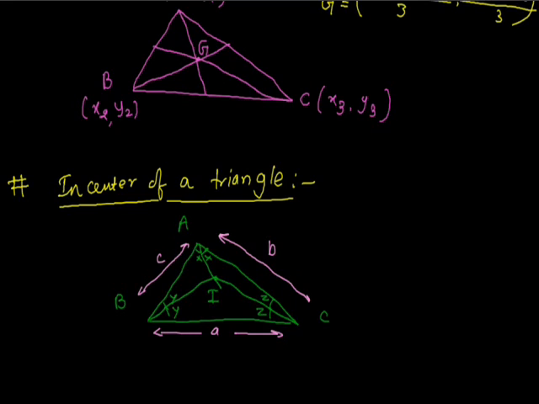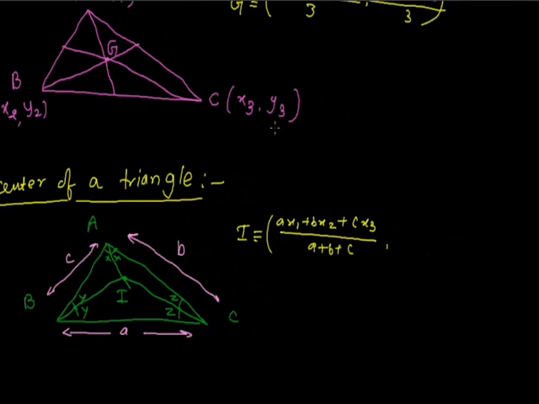Then the coordinate of incenter is given as (ax1 plus bx2 plus cx3) divided by (a plus b plus c) comma (ay1 plus by2 plus cy3) divided by (a plus b plus c).